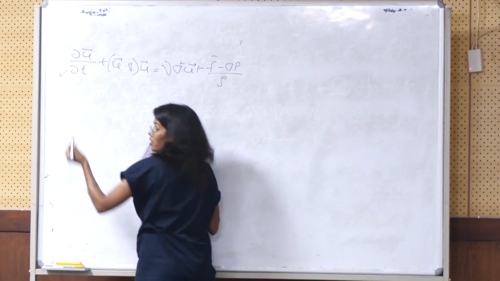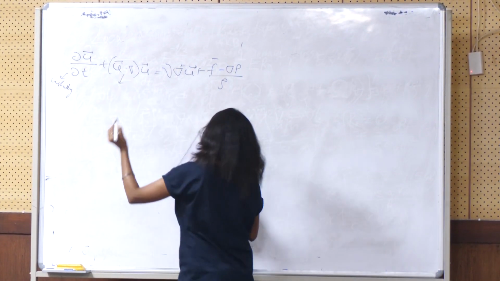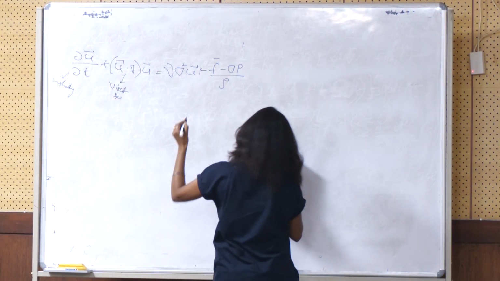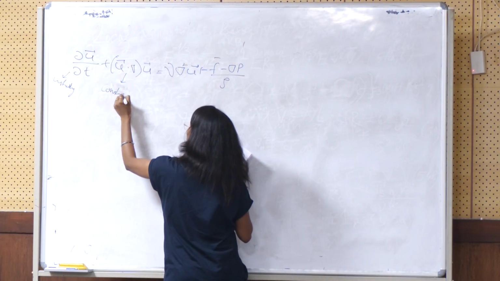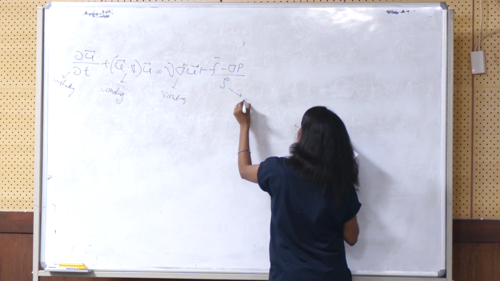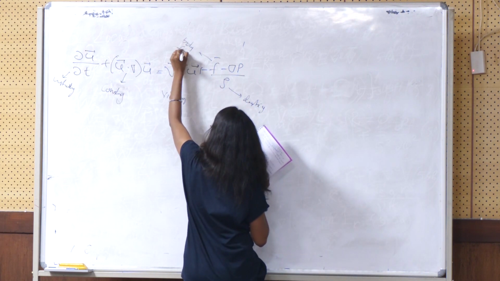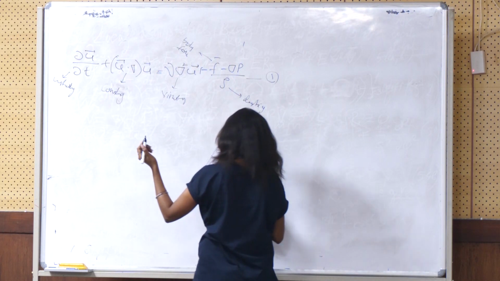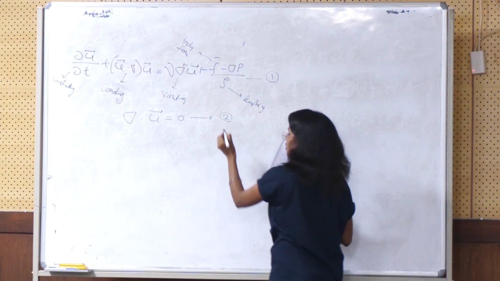This is the unsteady term, and this is the convective term, and this is the viscosity term. And this is density, and this is the body force. This is my equation 1, the momentum equation. And the second one is the continuity equation, equation 2.